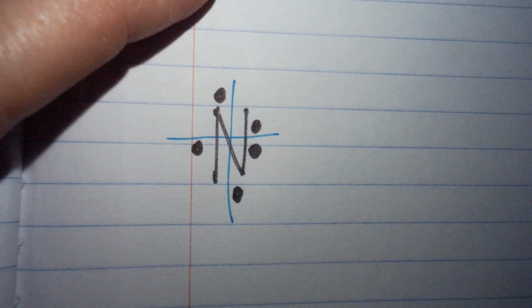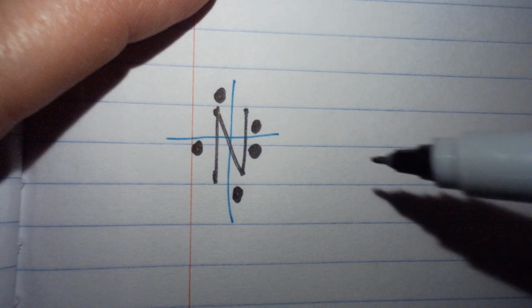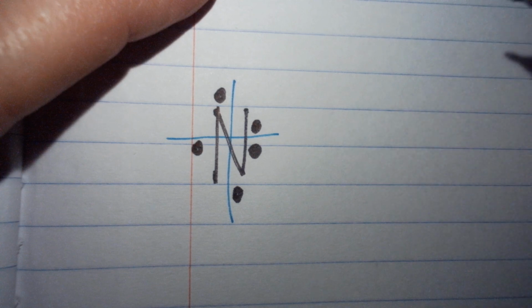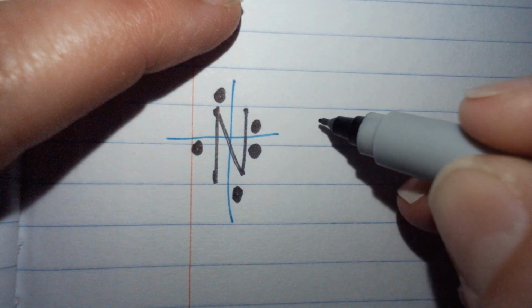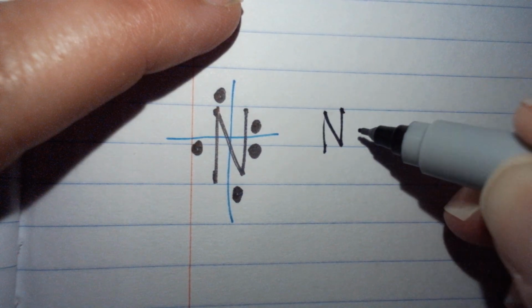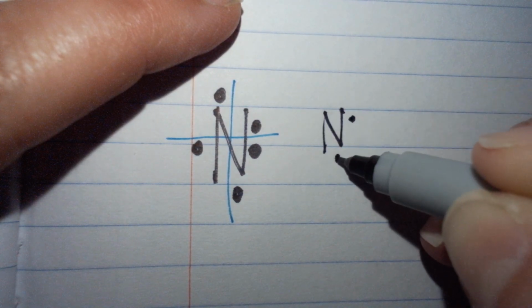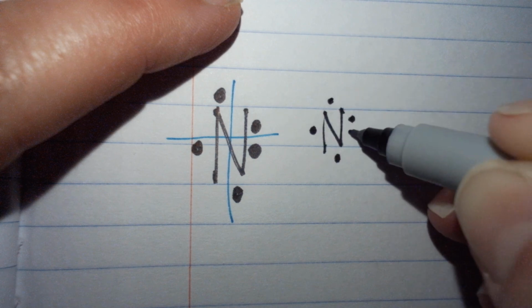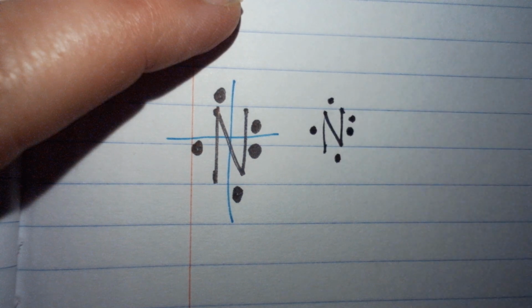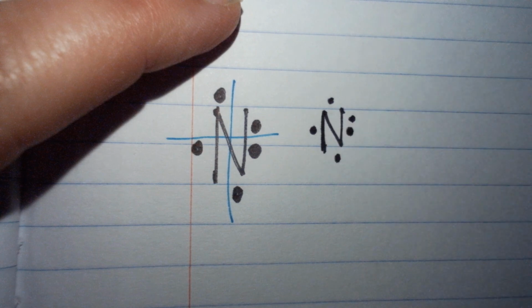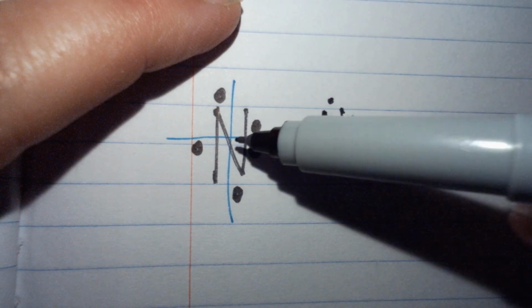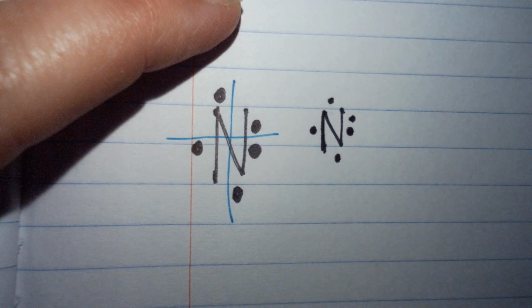If you were to actually write this on a test, you would not need to leave the crosshairs. It would look like this. 1, 2, 3, 4, 5. If you leave the crosshairs on it, I am not going to count off for that, but you need to know that you don't need those in your answer.